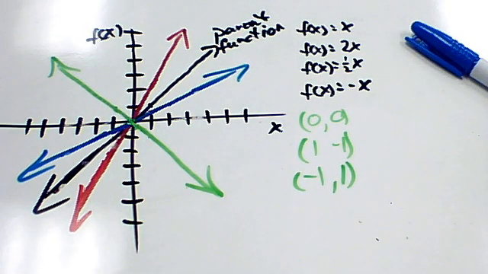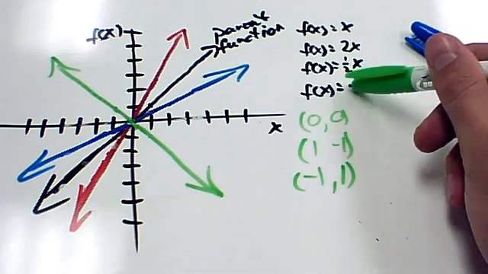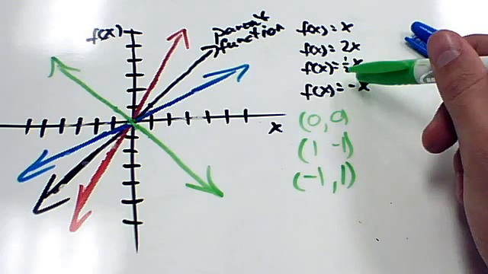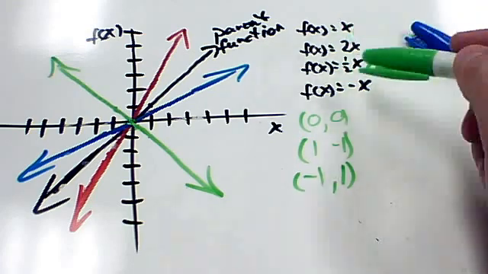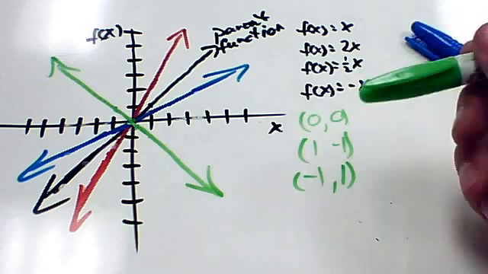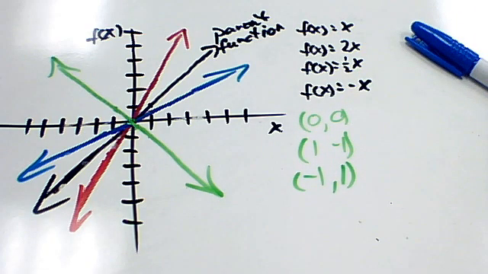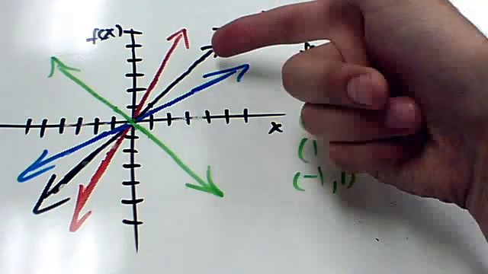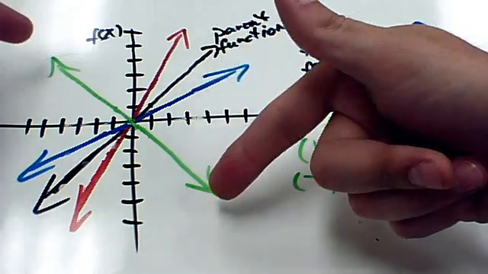So what we would say is that when a is negative, when we make our parent function into a negative x, then we would end up reflecting over the x-axis.